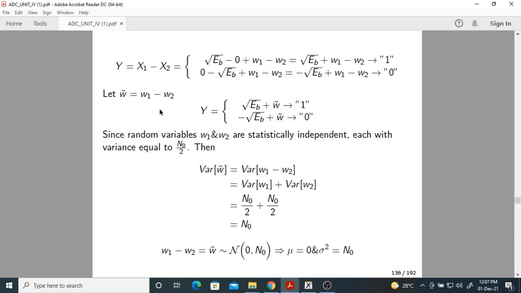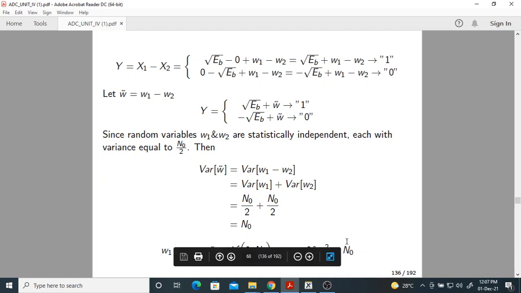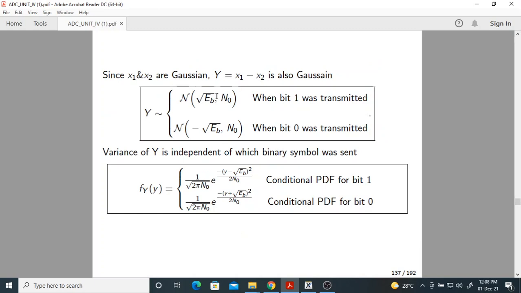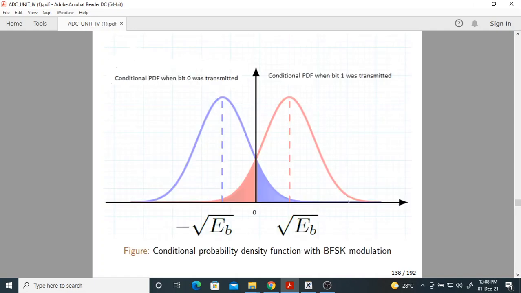Now it is just like the BPSK problem. W tilde has 0 mean and variance n naught. So y is also a Gaussian random variable. These are the conditional PDFs of y, and if you draw them, it looks similar to this.